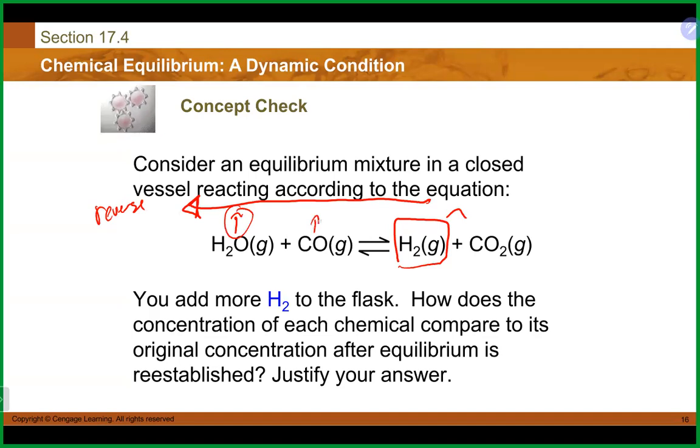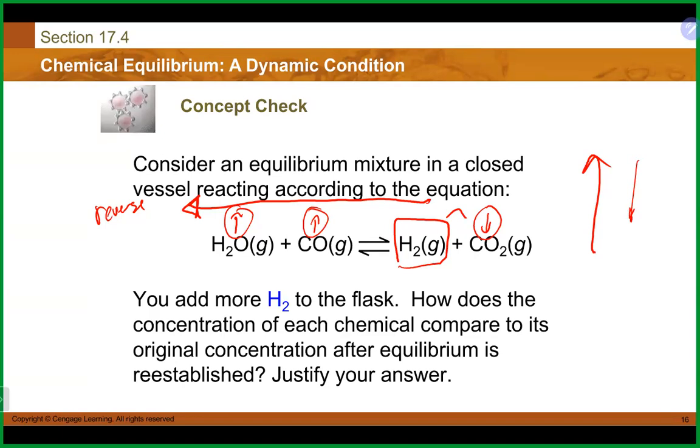We should also see the CO concentration go up. The CO2 concentration should also go down in this case, because we need it to make the reverse reaction occur. And in the case of the H2, we will see a very similar type of effect. We will see the H2 go up and then come back down as it's reacting.